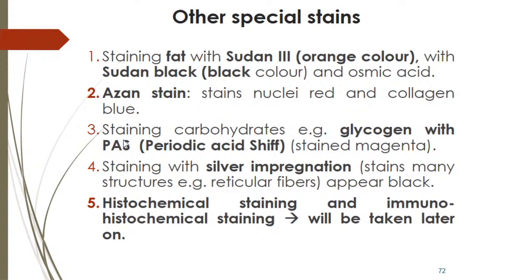Also periodic acid Schiff stains carbohydrates, like glycogen, magenta. Silver impregnation stains many structures like reticular fibers, and also nerve cells appear black, and then histochemical and immunohistochemical staining, which we just started a little late.